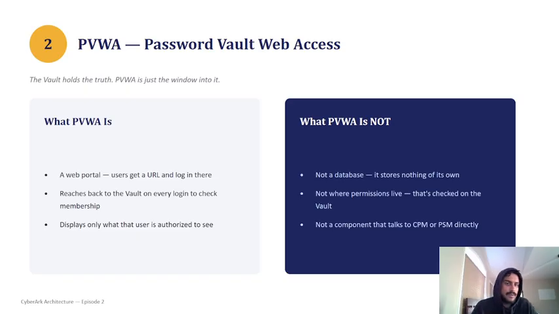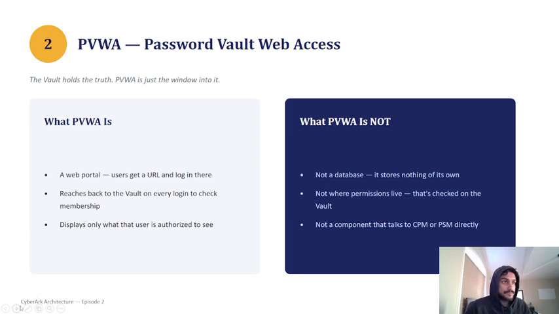If your environment has thousands of onboarded accounts and a specific user only has rights to one of them, all that they'll see when they log in is that one. An auditor, by contrast, typically gets access to logs, recordings, and reports, and not the credentials themselves, because auditing and using the account are different jobs with different permission sets.